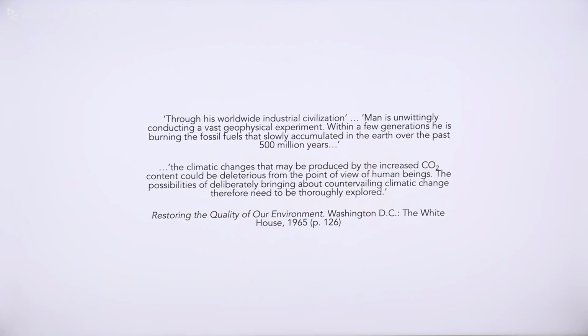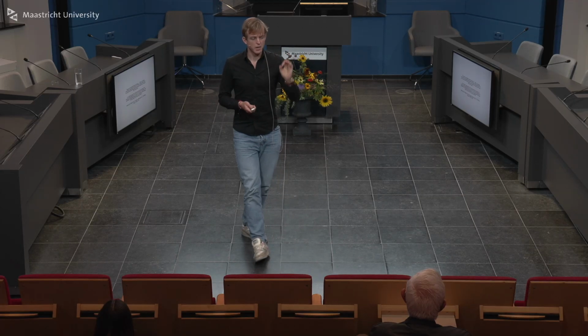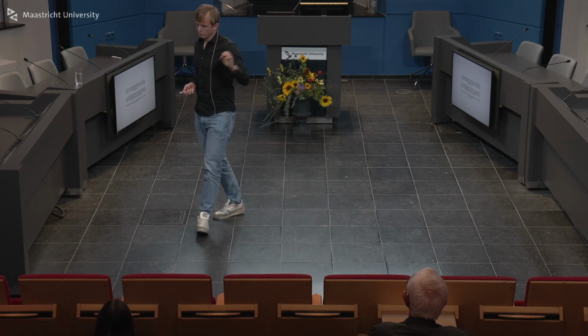What is interesting to see here is that, first and foremost, they don't see climate change as a major issue. And if it becomes a major issue later on, well, we'll just do countervailing technological intervention, which was basically the kind of technology that we're talking about today.